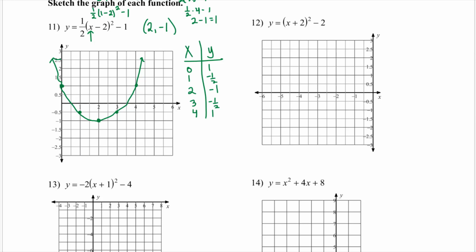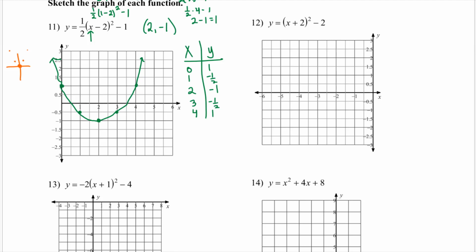Now, this requires us knowing what a normal parabola looks like. So a normal parabola starts at 0, 0, and then the next 2 points are up 1 and out 1. And then the next 2 points from the vertex are up 4 and out 2. Now I've been working with my students a lot about this pattern. So it's up 1, out 1, up 4, out 2.